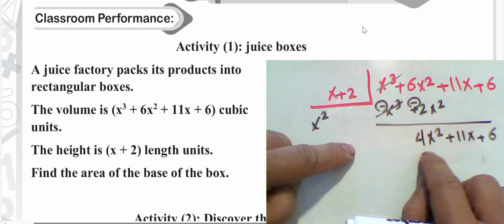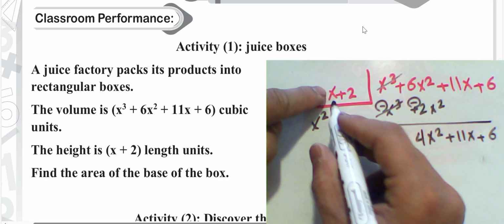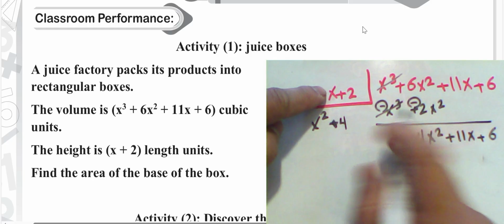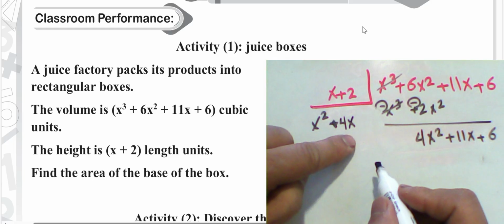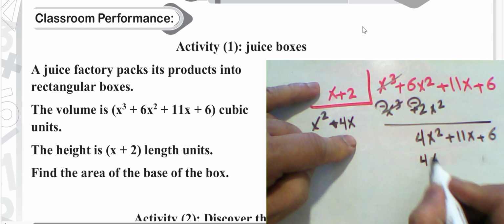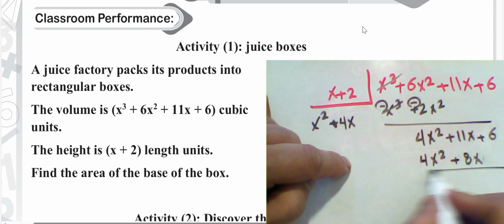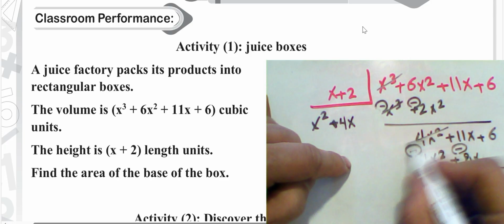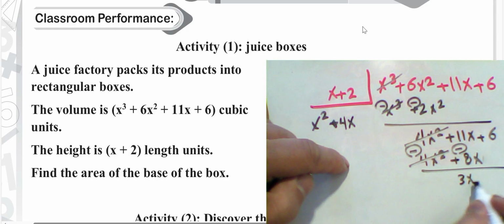Now I will divide 4x^2 by x, positive, 4 divided by 1 equals 4, and x^2 divided by x equals x. 4x times x will be 4x^2, 4x times 2 will be 8x. Cancel together, and 11x subtract 8x equals 3x.